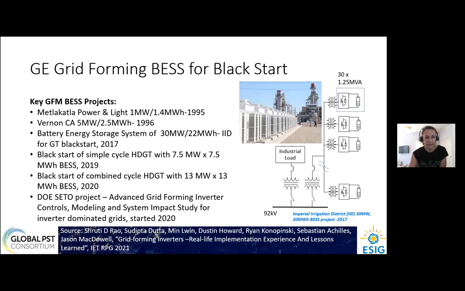And then at the bottom here, there is a project mentioned. This is the DOE funded CETO project on advanced grid forming inverter controls that I believe NREL and GE are co-leading. And I think that project may be relevant for UNIFI as well to tap into.